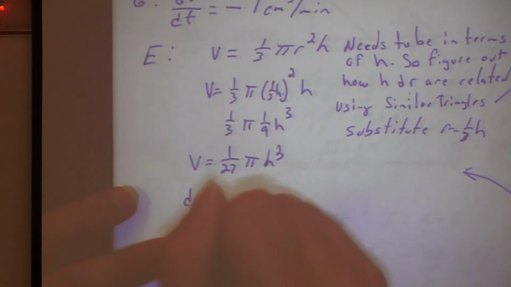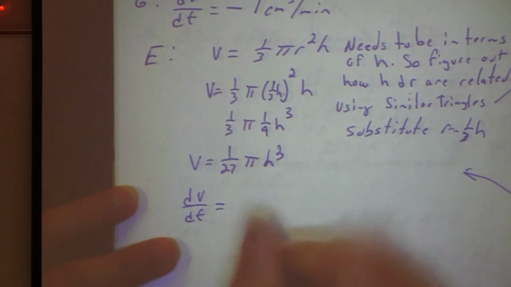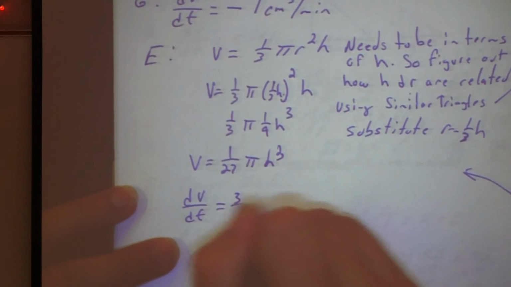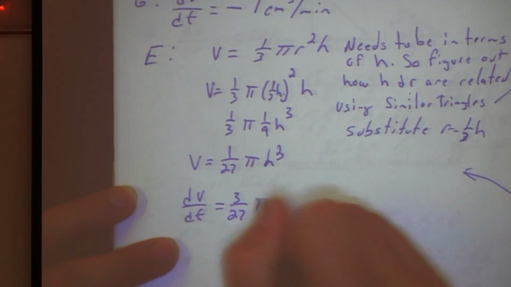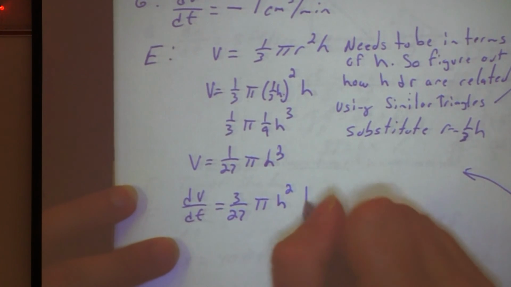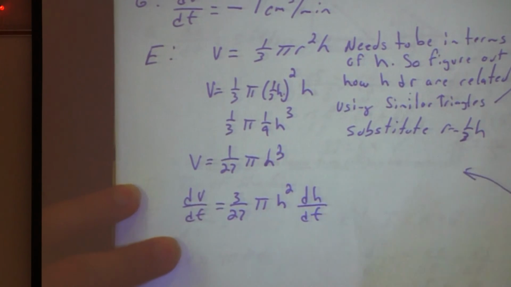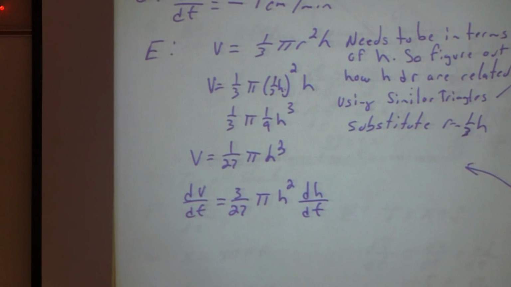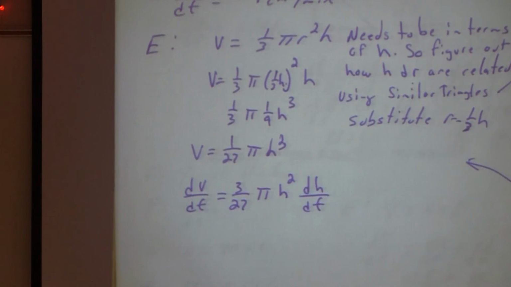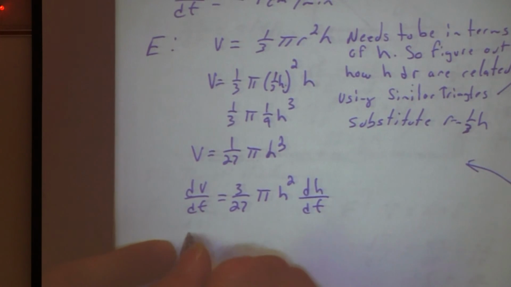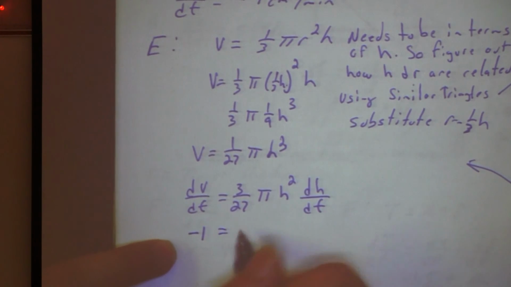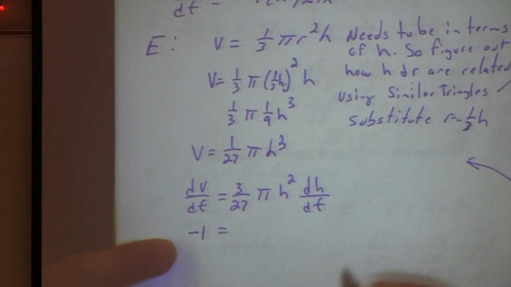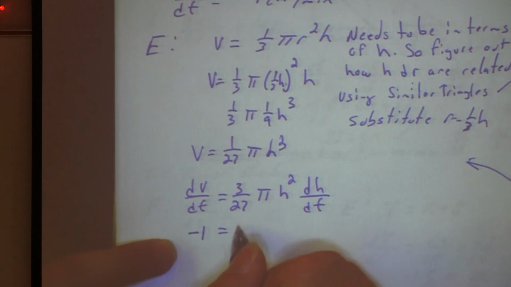Are we okay? And now can we differentiate? So we got dV/dt equals 3/27 pi h squared dh/dt. Let's plug in what we know. What's dV/dt? -1 equals, what's 3/27 become? 1/9.